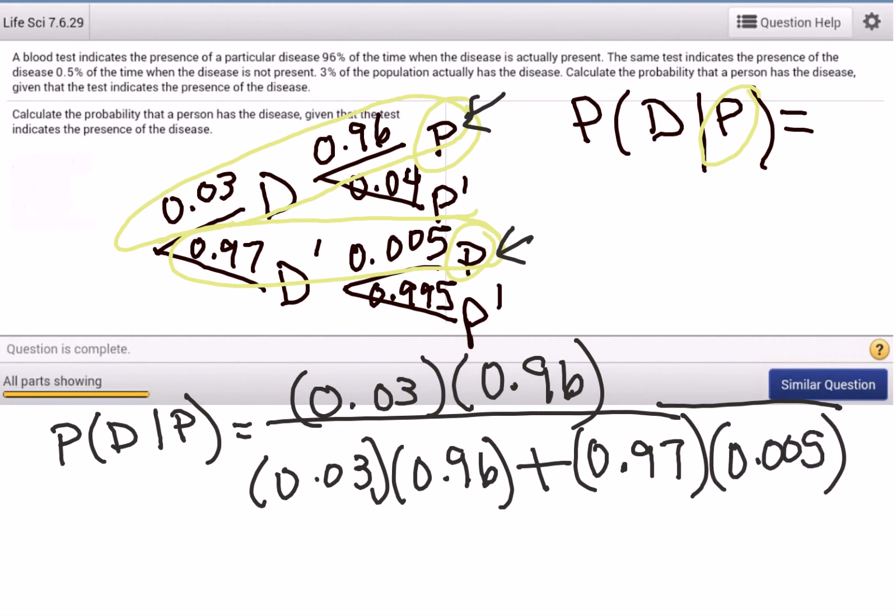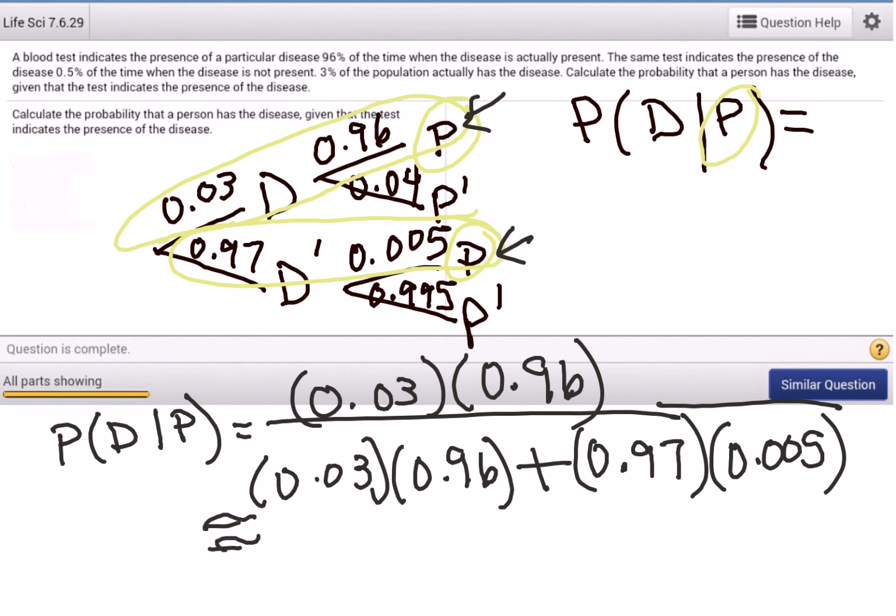Okay, so when I put this in my calculator, I'll do 0.03 times 0.96 and get 0.0288, and divide it by the bottom. If you're using a calculator, just make sure you put it in correctly.